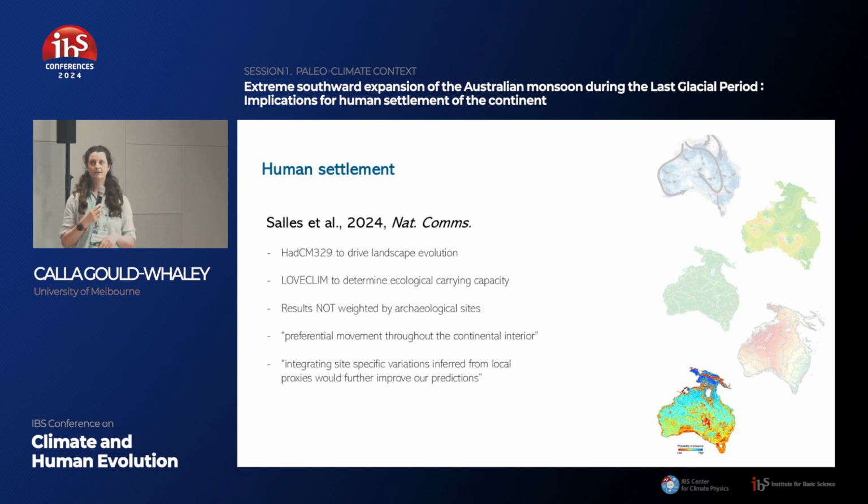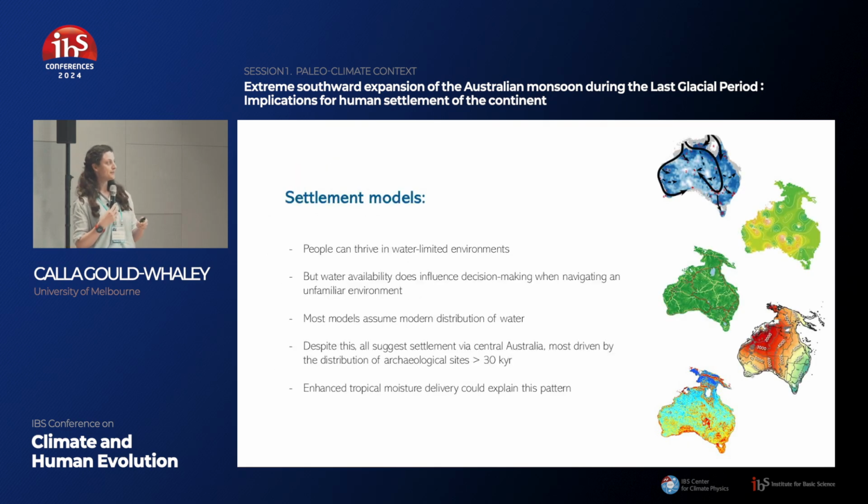And they asserted that their predictions could possibly be improved if they were to incorporate hydroclimate reconstructions from localized proxies of hydroclimate. So to sum this up, people can definitely live and thrive and survive in really water-limited environments, but the availability of potable and interconnected water resources does influence how people choose to move through the landscape, especially if they're travelling through an unfamiliar environment.